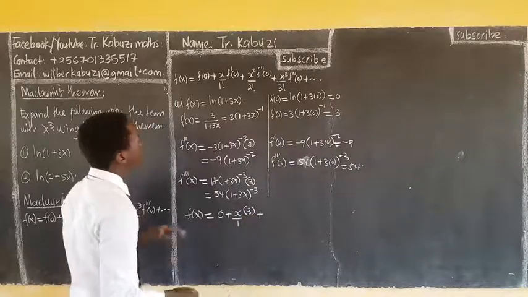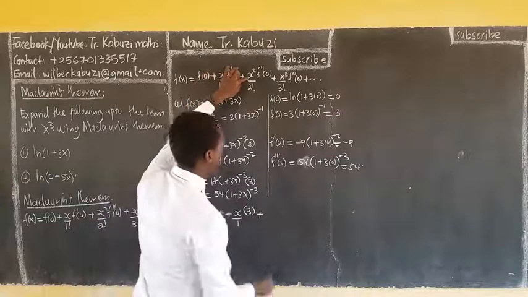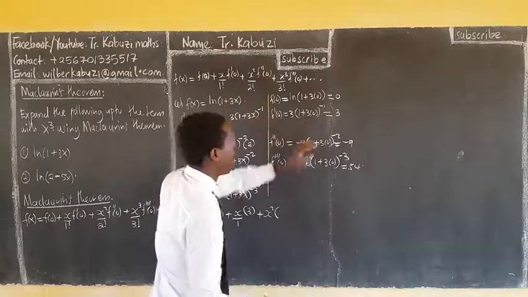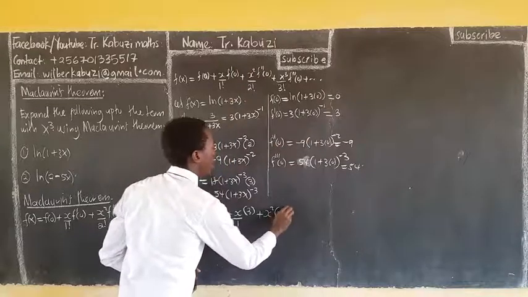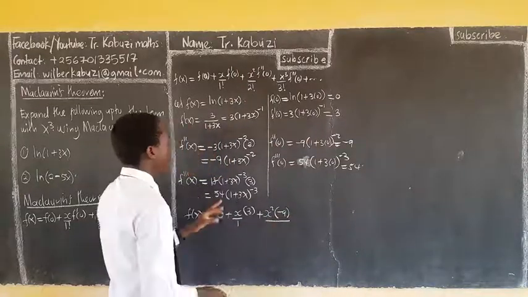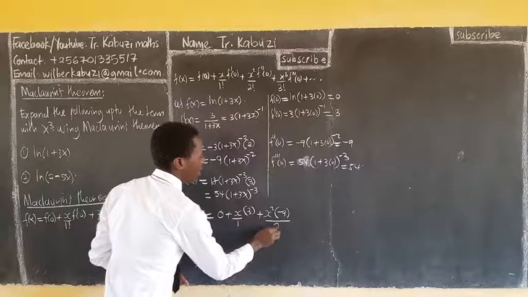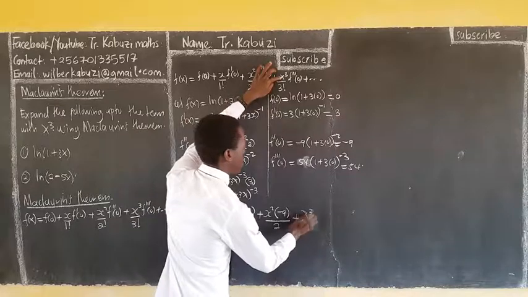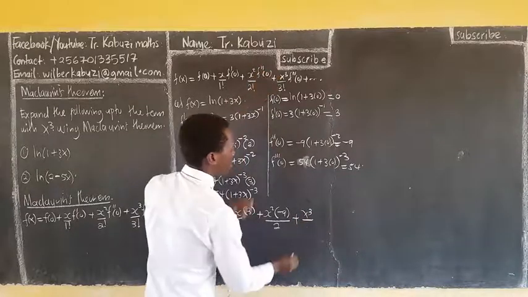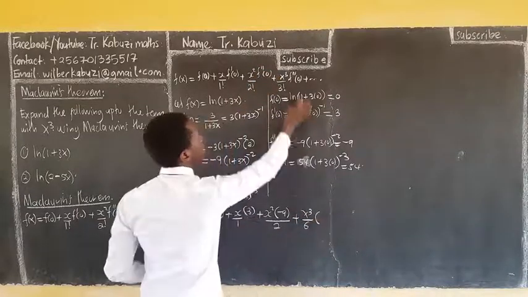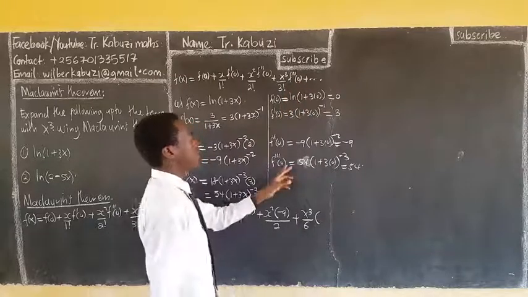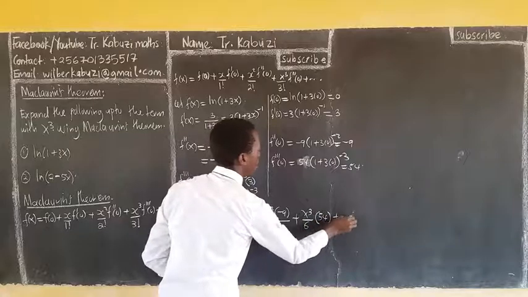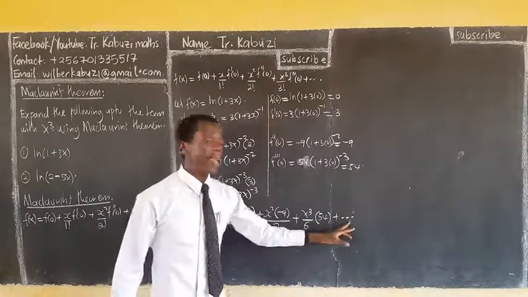Then plus x squared, then f double prime of 0, which was negative 9, the whole over 2 factorial, which is 2. Then plus x cubed over 3 factorial, which is 6, into f triple prime of 0, which gave us 54. Then plus other terms.